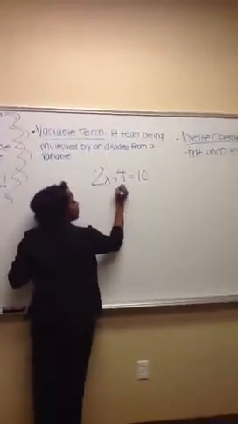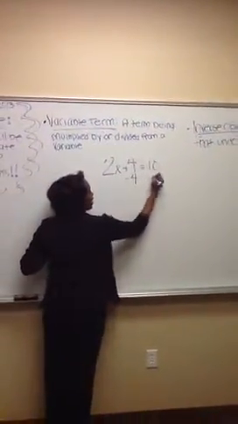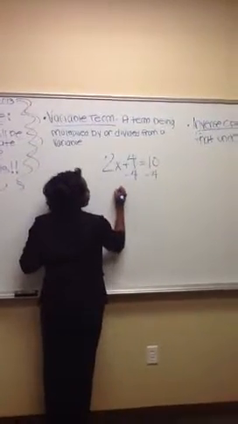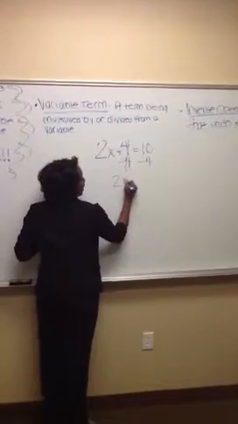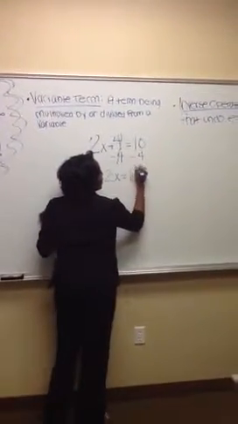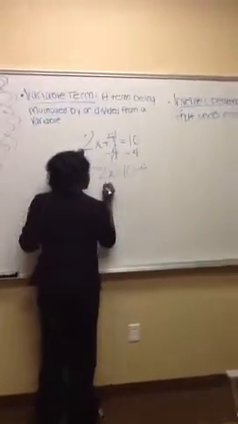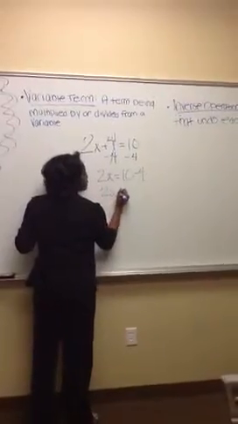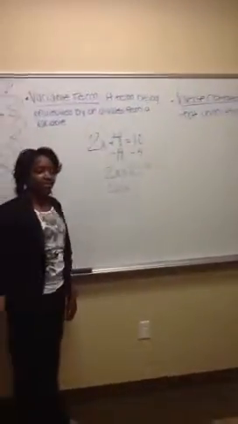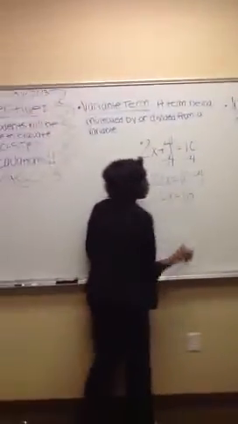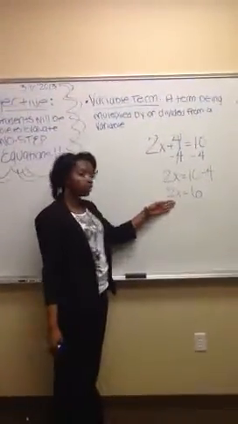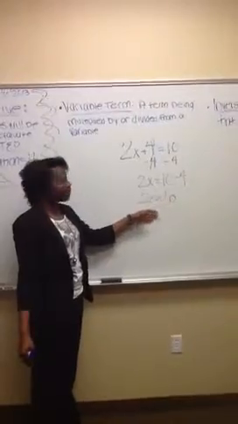So this would be minus 4 and minus 4. Our 4s cancel out, so we are left with 2x equals 10 minus 4. What is 10 minus 4, class? 10 minus 4 is 6. Yes. So after we get this, we get 2x is equal to 6.